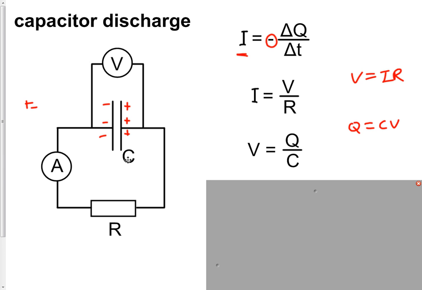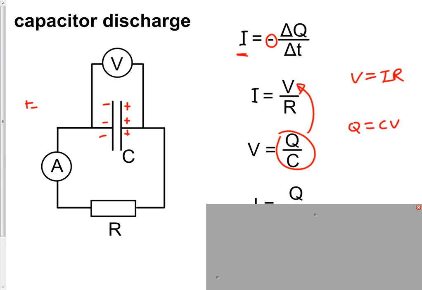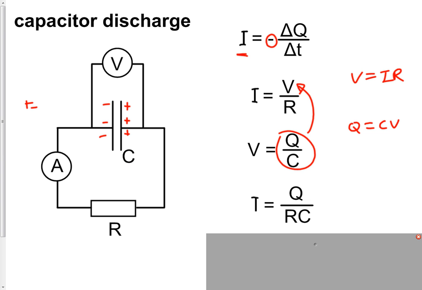So we've got another expression for voltage, and what I want to do is substitute this into here to get rid of this V, to get a new expression for current. And when we do that, we get I, current, equals Q on RC. So we've just replaced the V with Q over C.